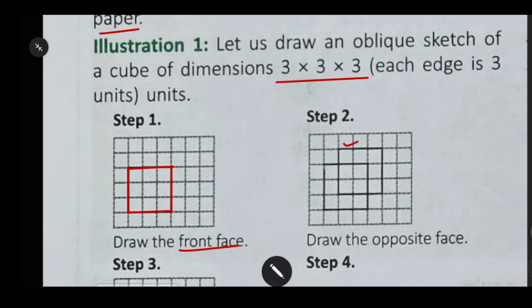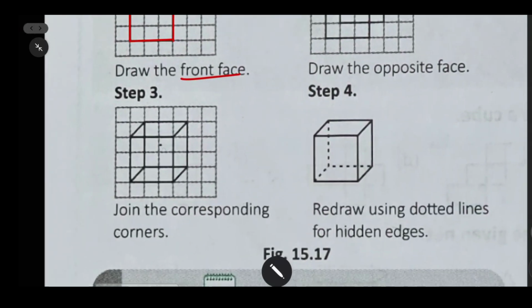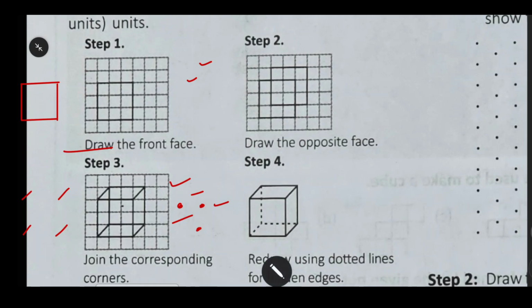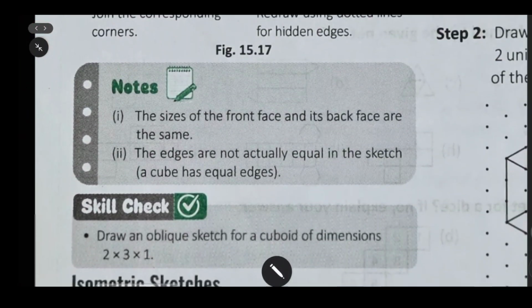Now we will join them. We have joined all these faces to each other and at last we get the result. As you can see here, we can see this part and the front one, but we are not able to see this part and the bottom one. This type of image is known as an oblique image or oblique sketch.